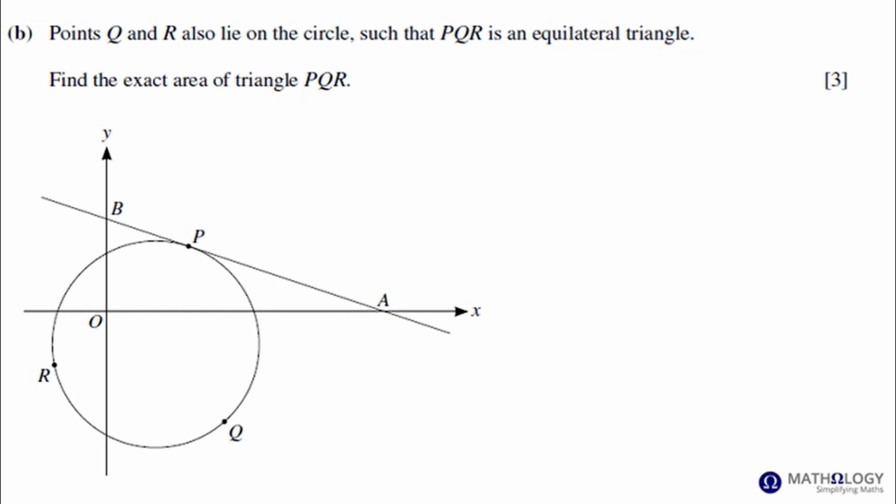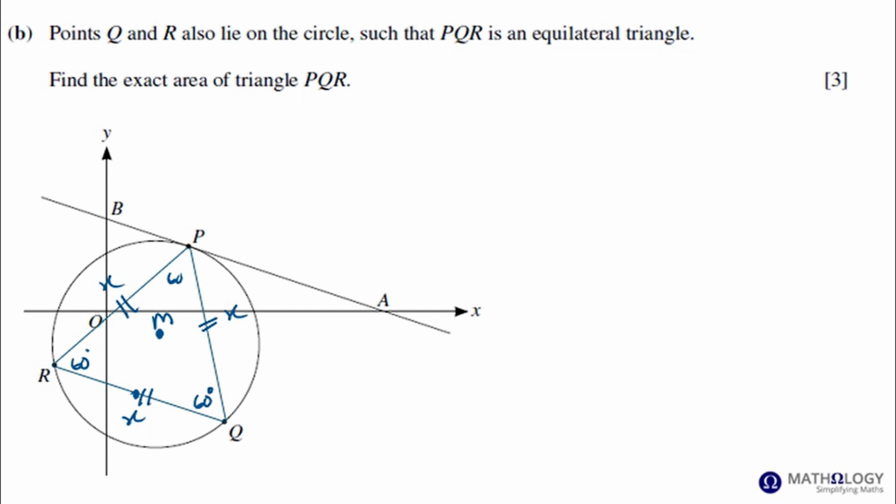Points Q and R also lie on a circle such that PQR is an equilateral triangle. Find the exact area of triangle PQR. So being an equilateral triangle, each of the interior angles is 60 degrees.